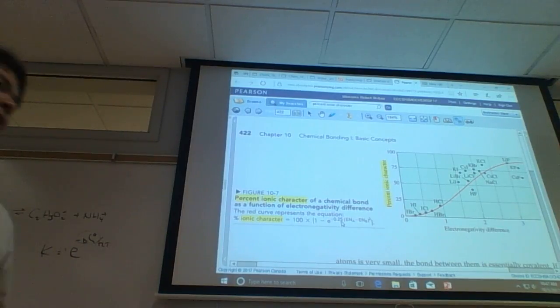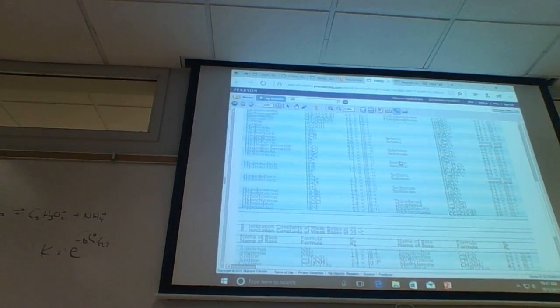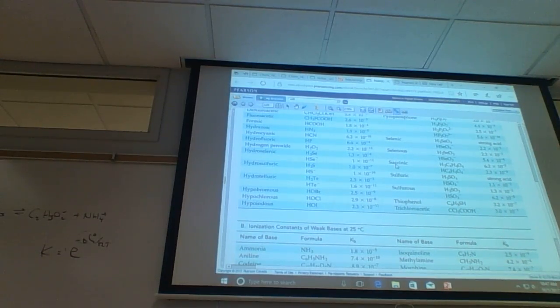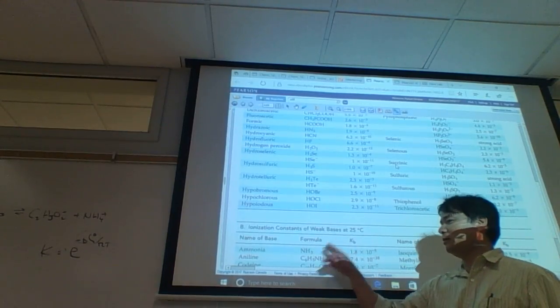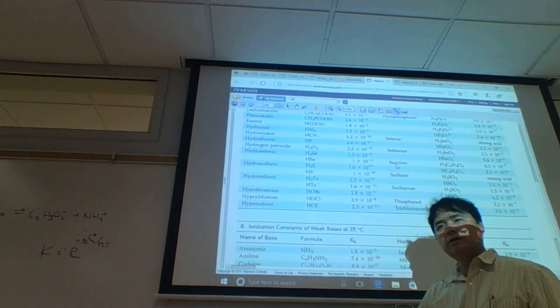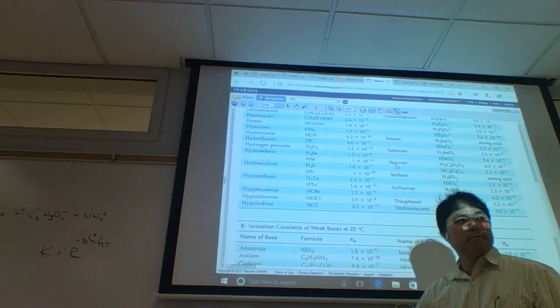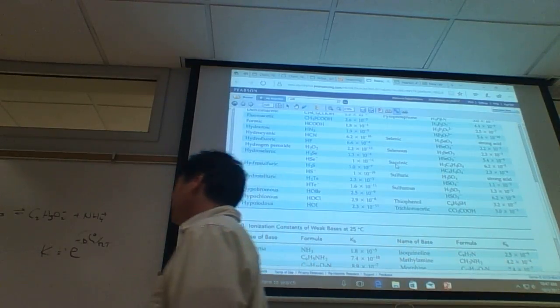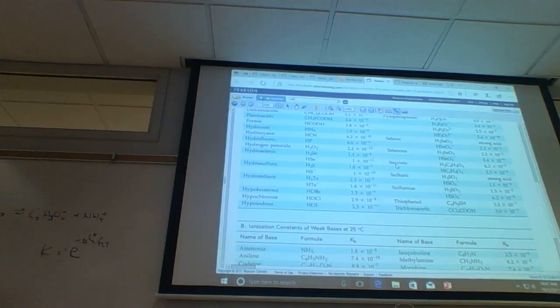If I gave you this table, because this table is relevant to this chapter, I know a K value here. I have the Kb for ammonia. But what can I do with that? What's the equation for the Kb for ammonia?